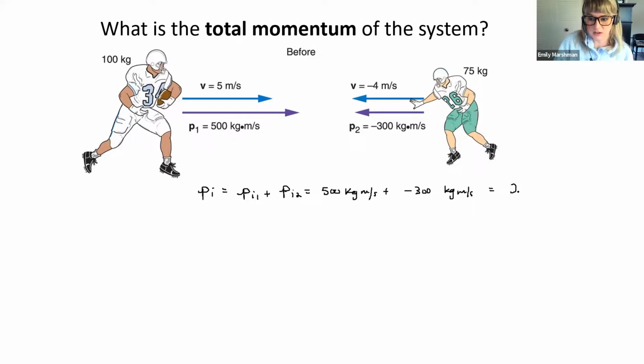That's going to be 200 kilogram meters per second. That is the initial momentum of the system of both players. Now remember, if momentum is conserved here, which it is, right before and right after the collision, the initial momentum of the system has to be equal to the final momentum of the system.